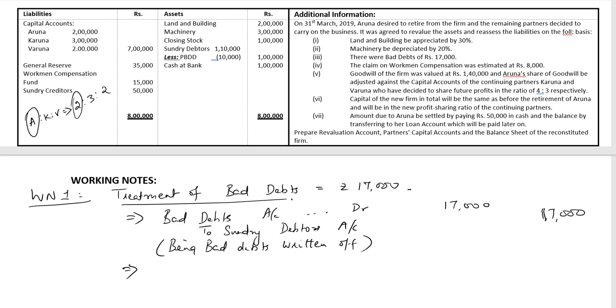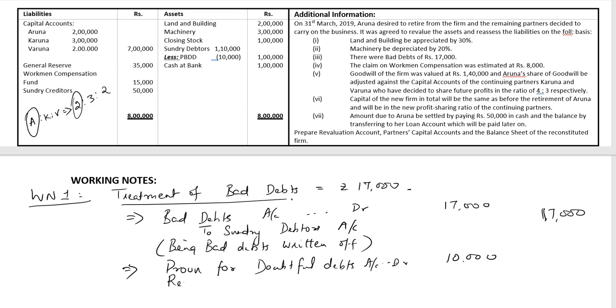Now for the next journal entry, we need to provide for the bad debts. There is an existing provision of rupees 10,000. We will utilize that, and for the balance we will debit the revaluation account. So we have provision for doubtful debts account debit 10,000 rupees.